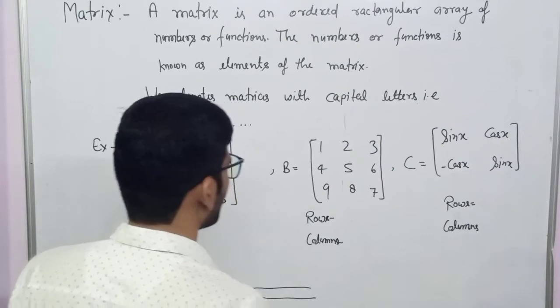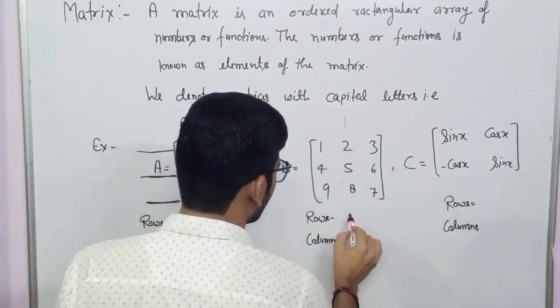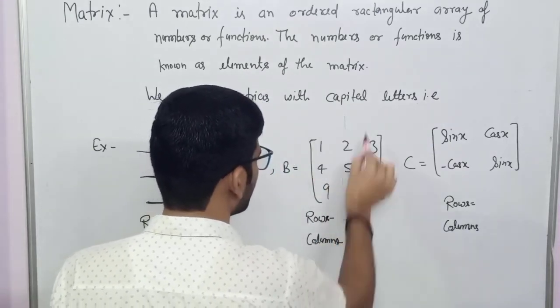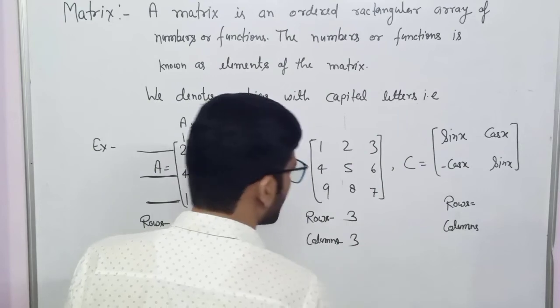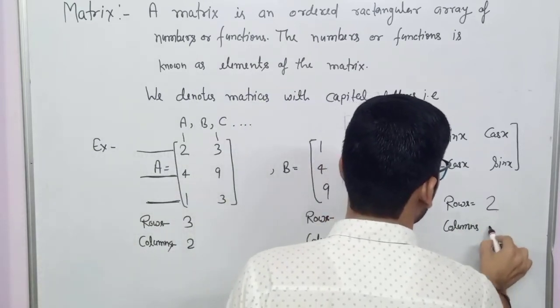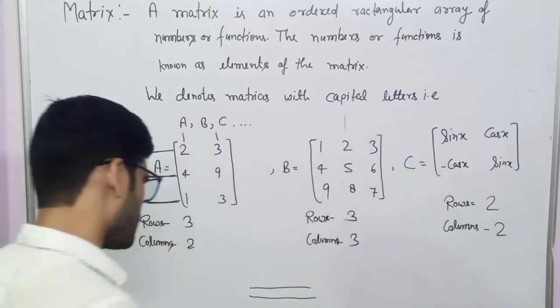In the next matrix, rows are 1, 2 and 3 and columns 1, 2, 3. And in the last matrix, rows is 2 and columns is also 2.